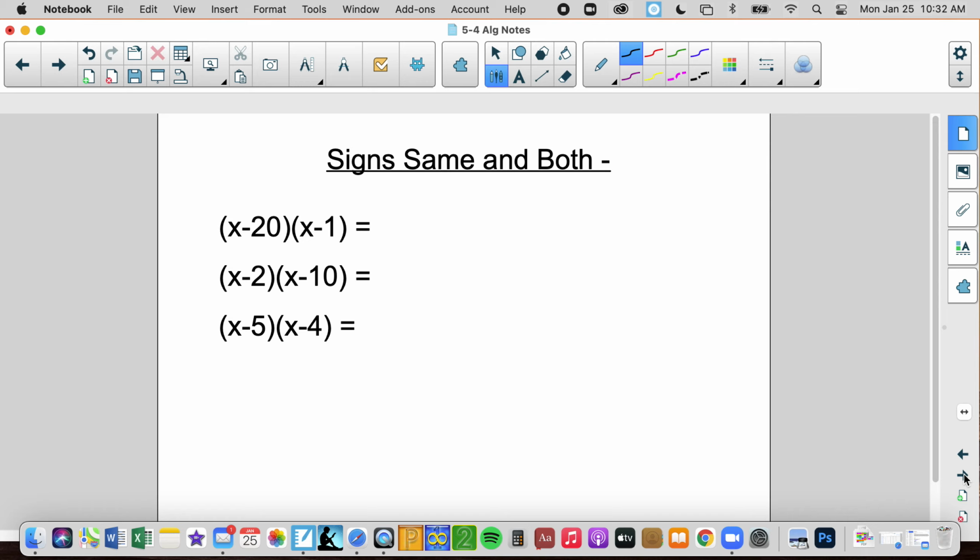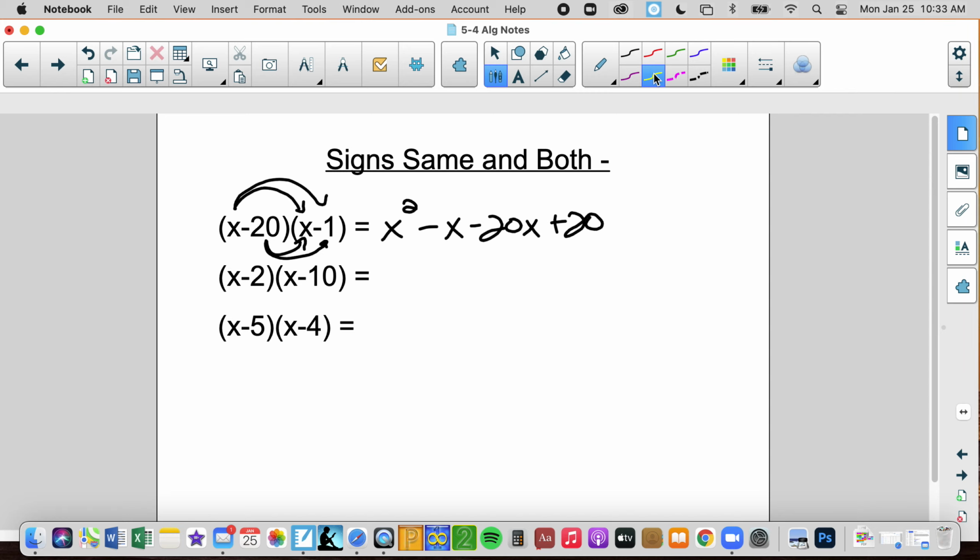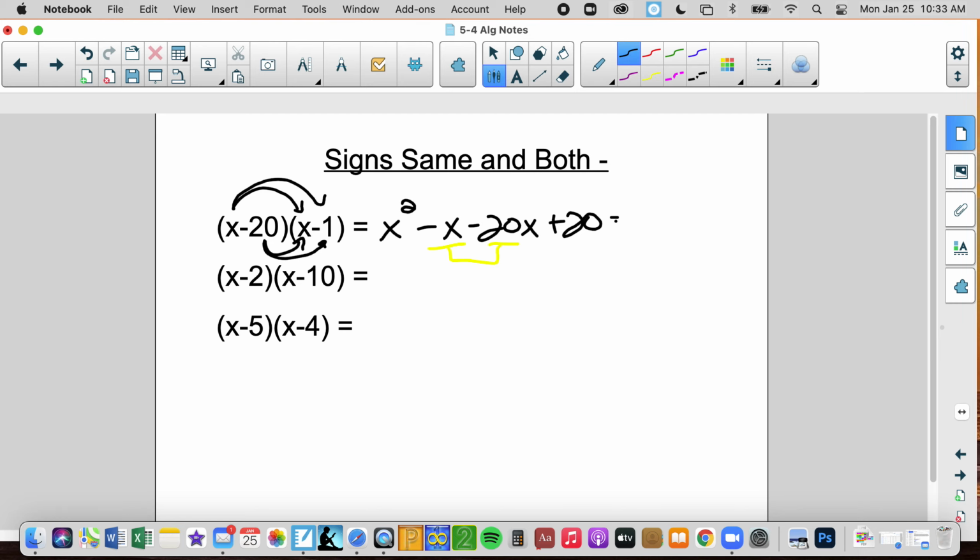So let's do the firsts. We're doing the firsts. We're doing the outside. We're doing the inside. And then we're doing the lasts. We still have our outside and inside are still going to be like terms, so I can combine those. That gives me x squared minus 21x plus 20.